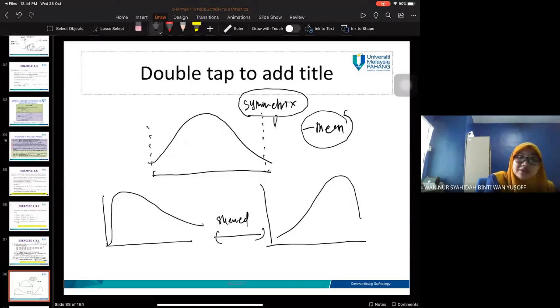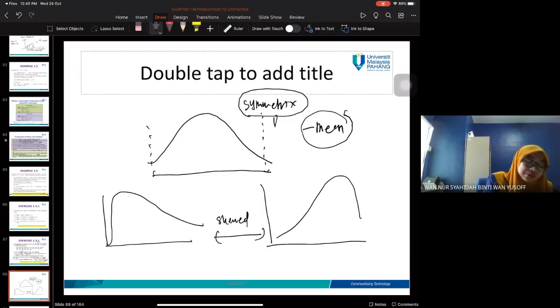But when we have skewed data, it doesn't matter whether it is right skewed or left skewed, or J shape or reverse J shape, it is skewed data.